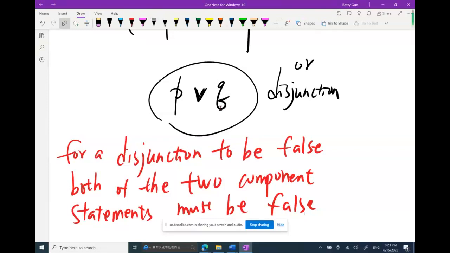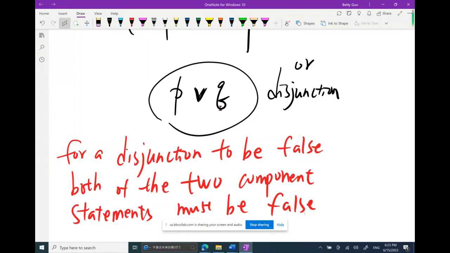If there's at least one piece that is true, then the disjunction is true. Feel why it is like that, because disjunction means P or Q, right? So really you just need at least one piece to be true. At least one piece being true would make the disjunction true.